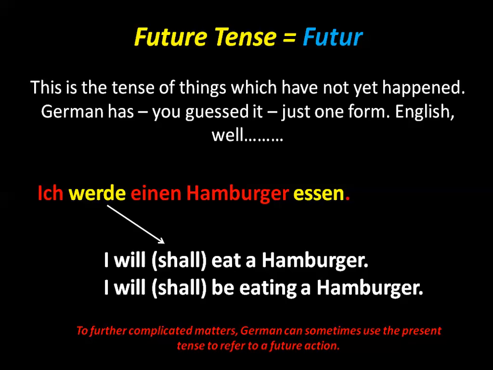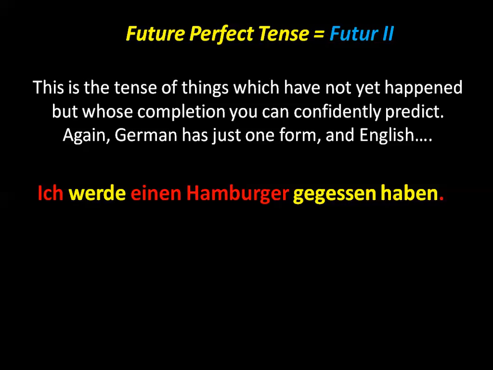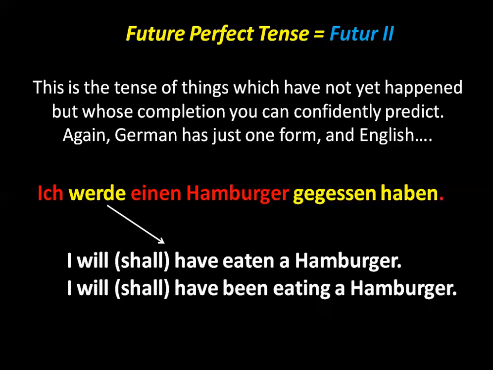Okay, so the final tense we're going to compare here in English and German is the future perfect tense, or in German called the Futur 2. This is the tense of things which have not yet happened, but whose completion you can more or less confidently predict. Again, German has one form. Ich werde einen Hamburger gegessen haben, which in English would mean I will or shall have eaten a hamburger.